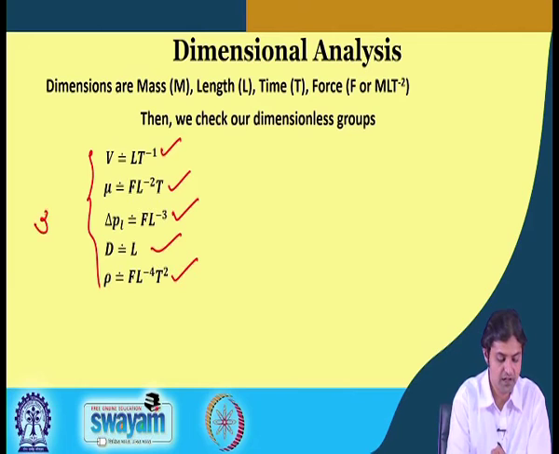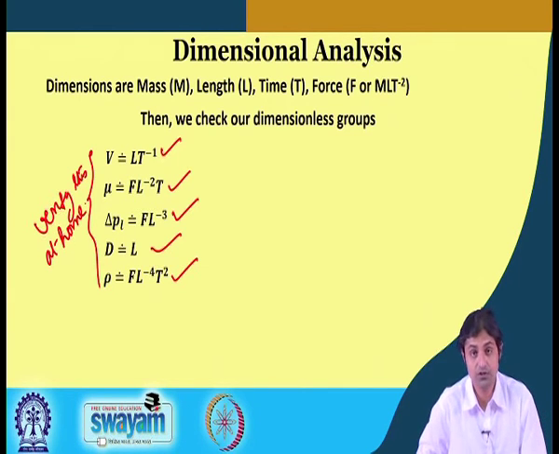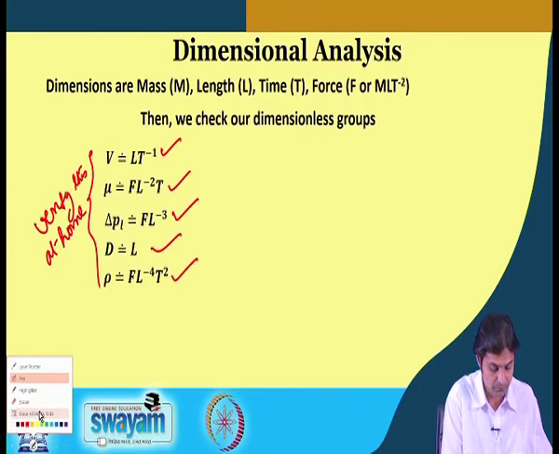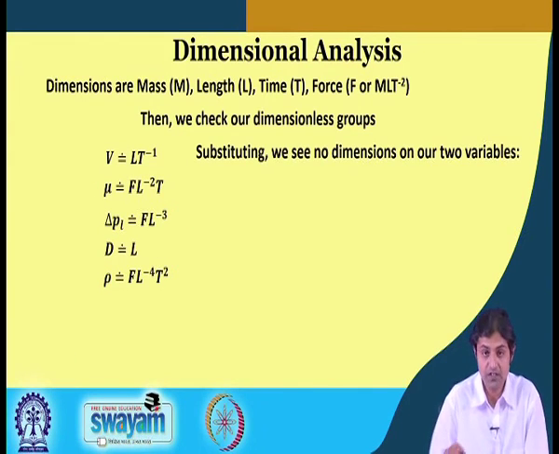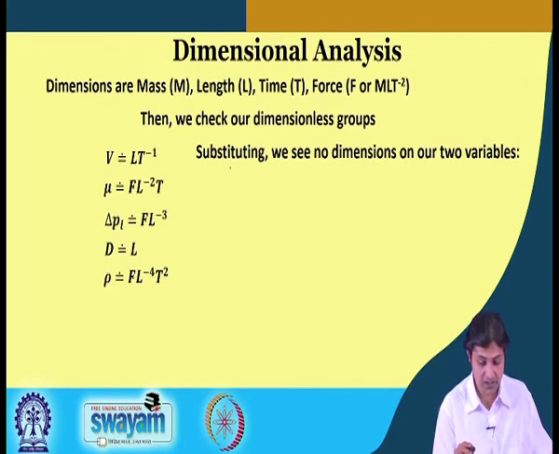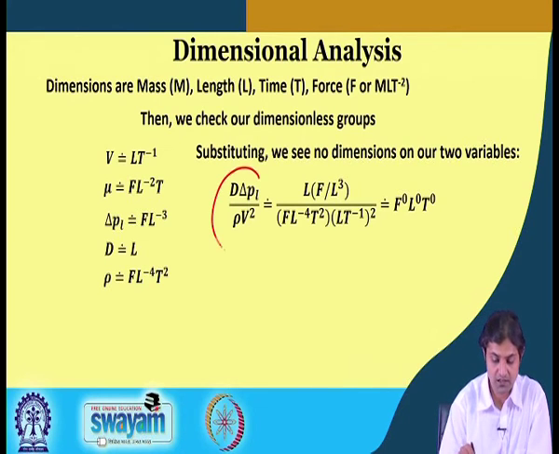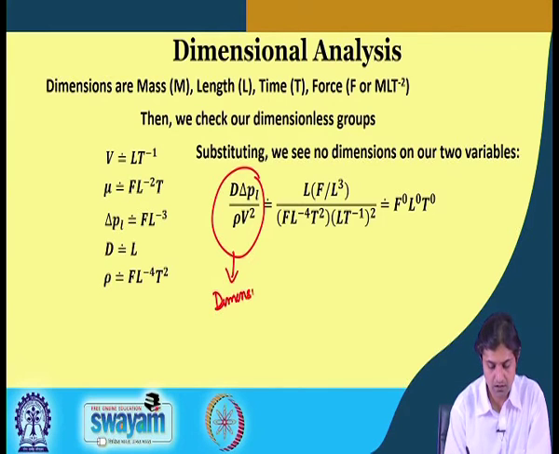You should verify this at home, after going through this lecture, or you can even go and try to find it in terms of F. So, we substitute into our dimensionless group, and we will see. This was dimensionless group 1. Okay.